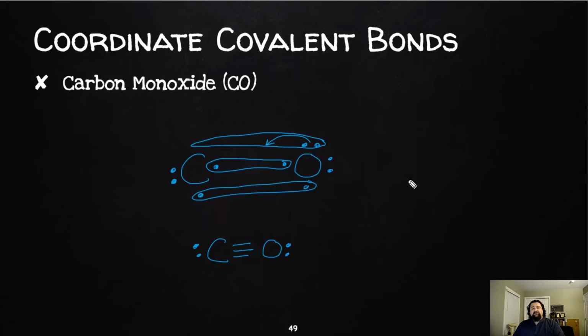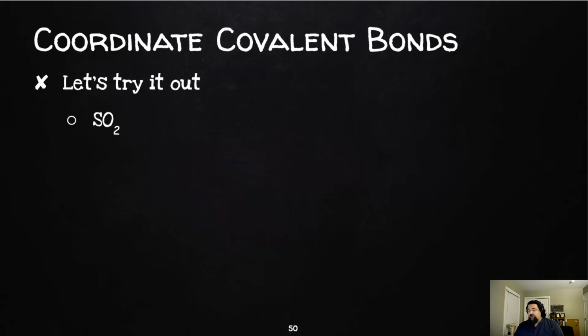It's any atom that has a pair could donate that pair in and form a bond. All right? And sometimes it's a little less than ideal, but it does happen. So let's take a look at an example and have you try one. Try out SO2. All right, pause it, try it out, and we're going to go over it in a second.